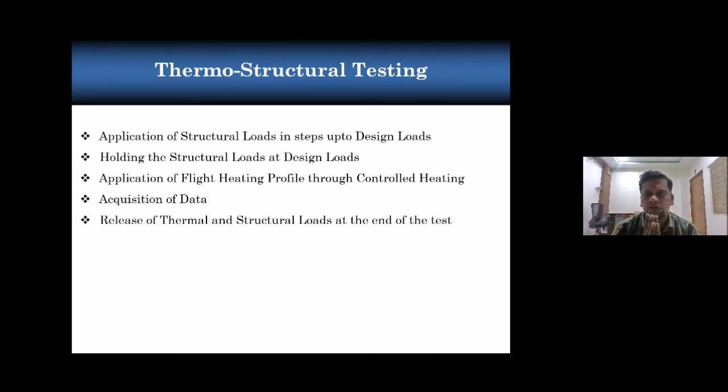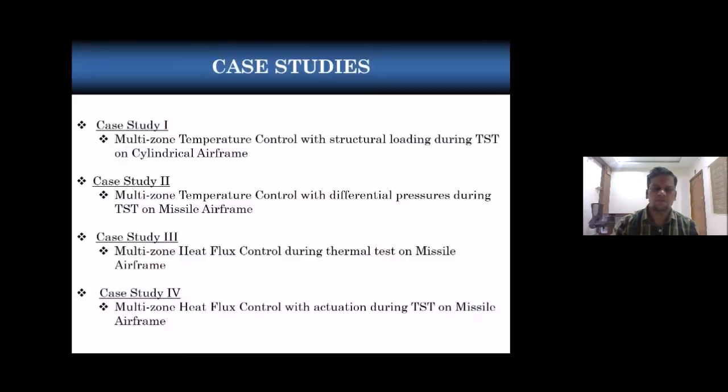We won't go simultaneously during the concentrated loads, but during pressurization we will go simultaneously. Why? Because the application of the concentrated loads will take a lot of time, because they are sluggish systems which involve hydraulics. So that's why we will initially load up to the design load, then we will hold, then we will start heating. Once heating is over, then we will slowly reduce the structural loads.